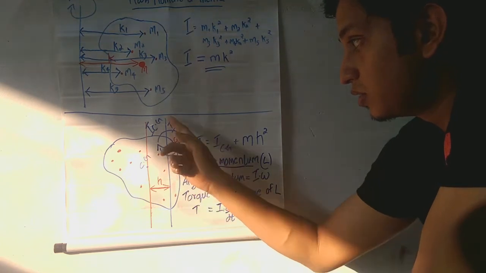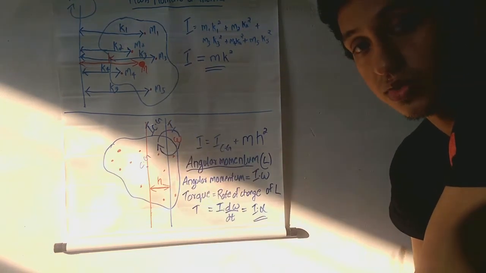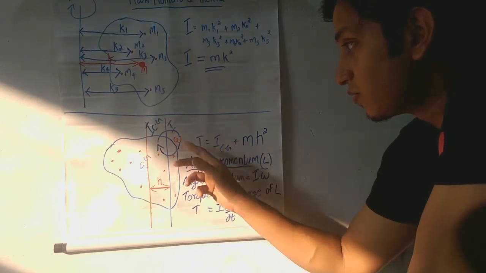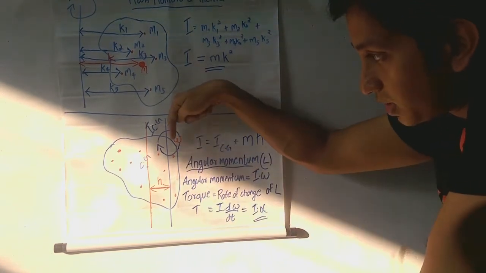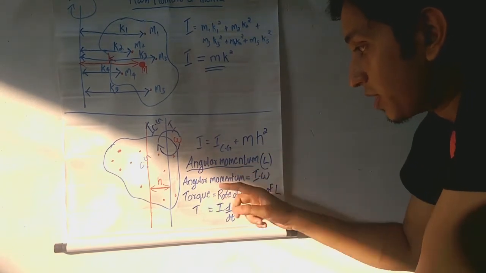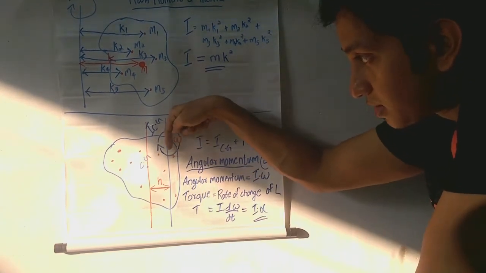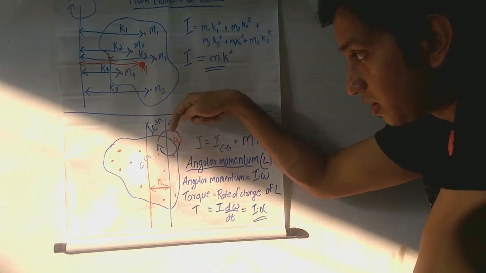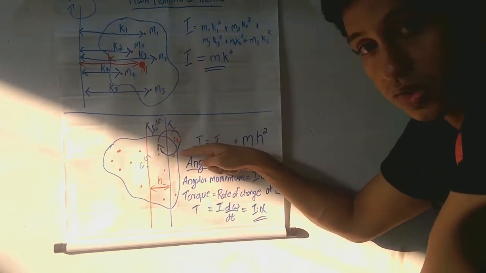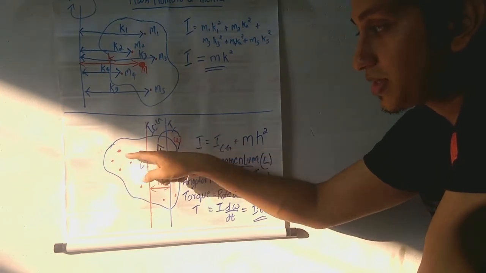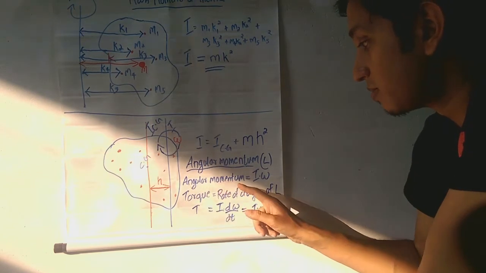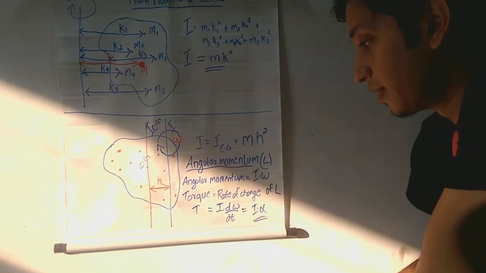You should always consider the axis when you find this mass moment of inertia. If you are rotating a body about this axis, then to get the angular momentum, you multiply this mass moment of inertia by the angular velocity at which it is being rotated. This angular velocity will be the same for all the point masses. So angular momentum is I omega.